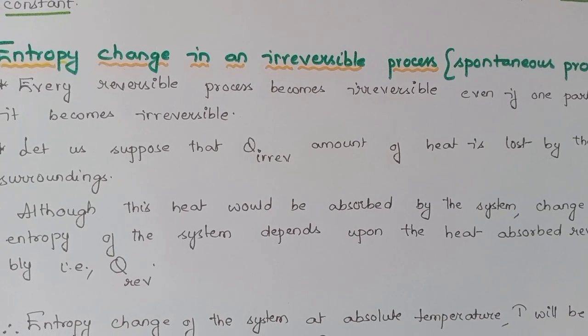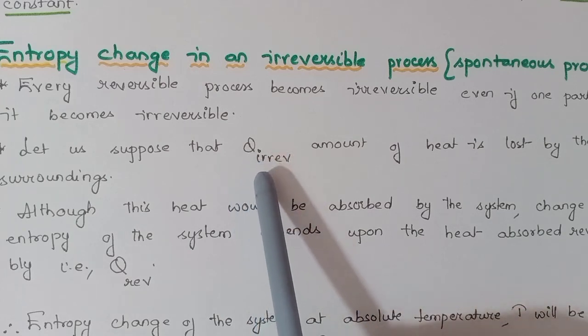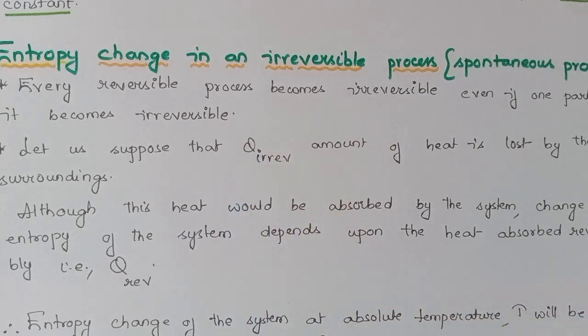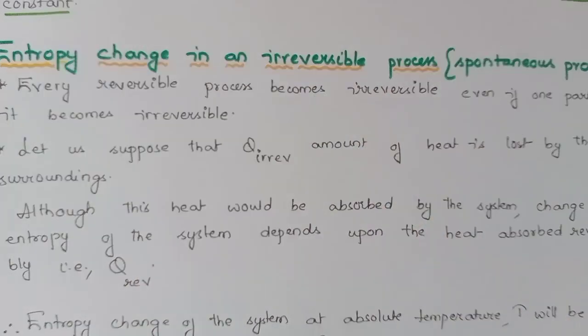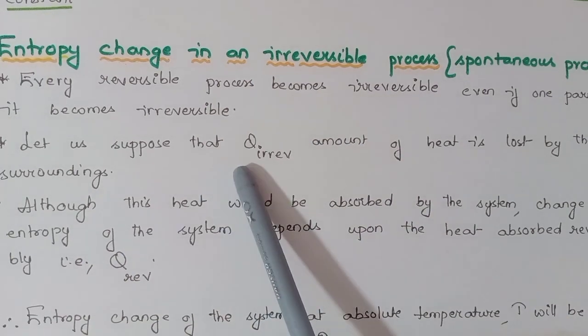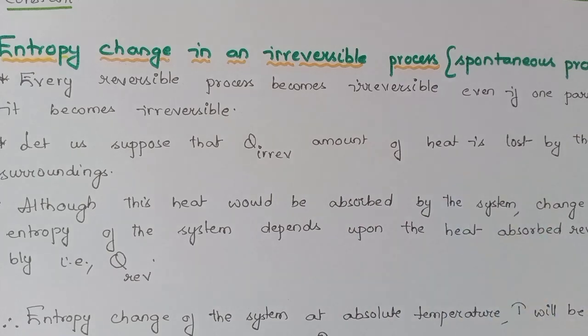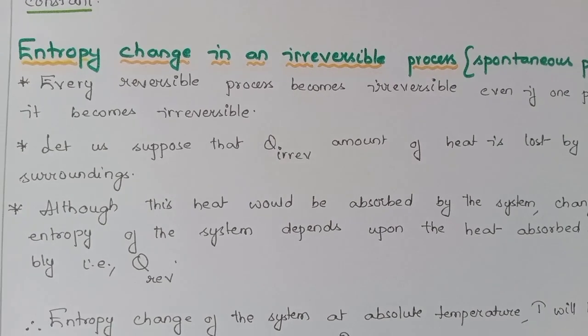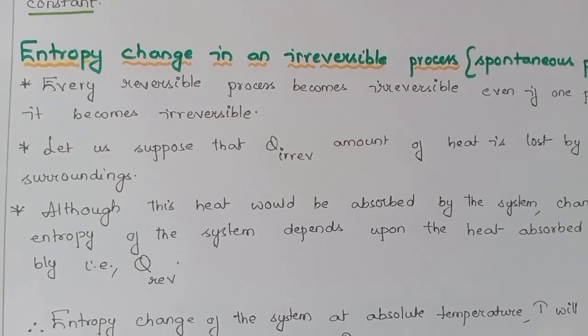Next, second point, students. Suppose the amount of heat lost by surroundings is Q irreversible, because we are considering entropy change in an irreversible process. So immediately what comes into your mind? The same Q irreversible amount of heat will be absorbed by the system, right? Yes.